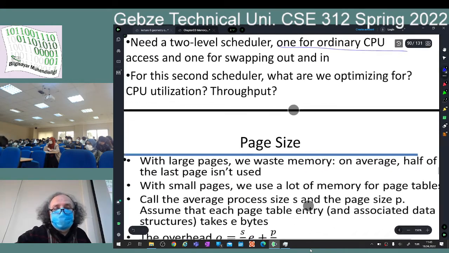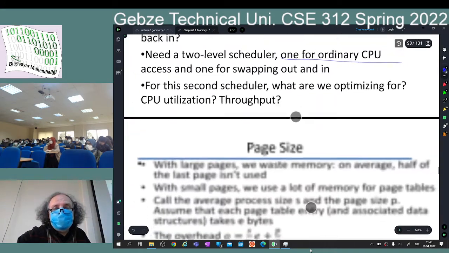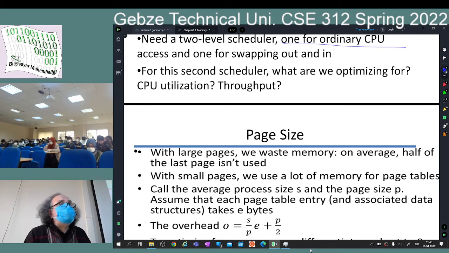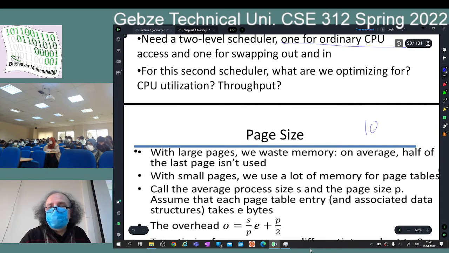Let me try to hide the answer. Okay, like that. With large page sizes, it is nice, because if my pages are large, then my page table will be small, right? Because if I have a memory of 2 to the power 30, and my page sizes are 1 kilobyte each, that means what?